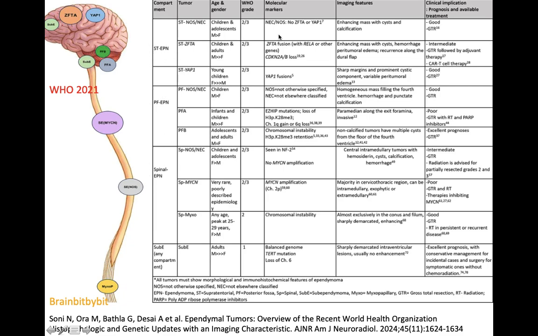At each compartment you have different gene mutations and different molecular markers, and in different age groups there is a predominance of a certain gene mutation. And these molecular markers and these different tumors also have different imaging features and different prognosis and treatment options.